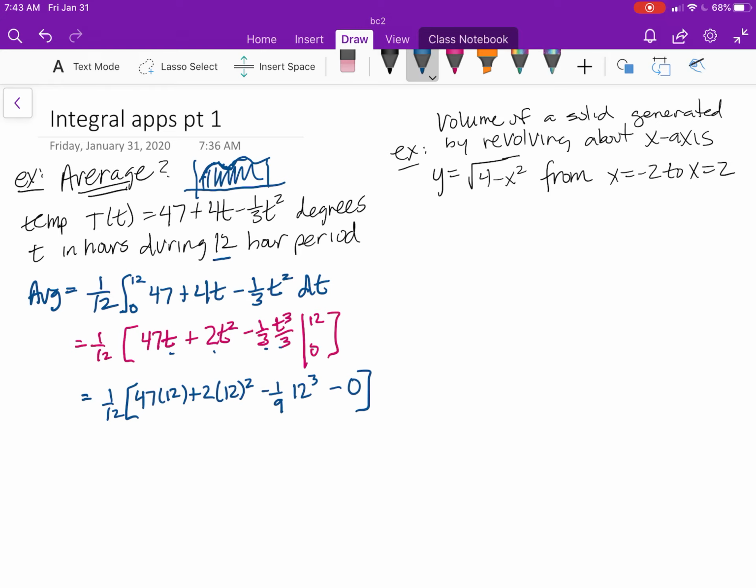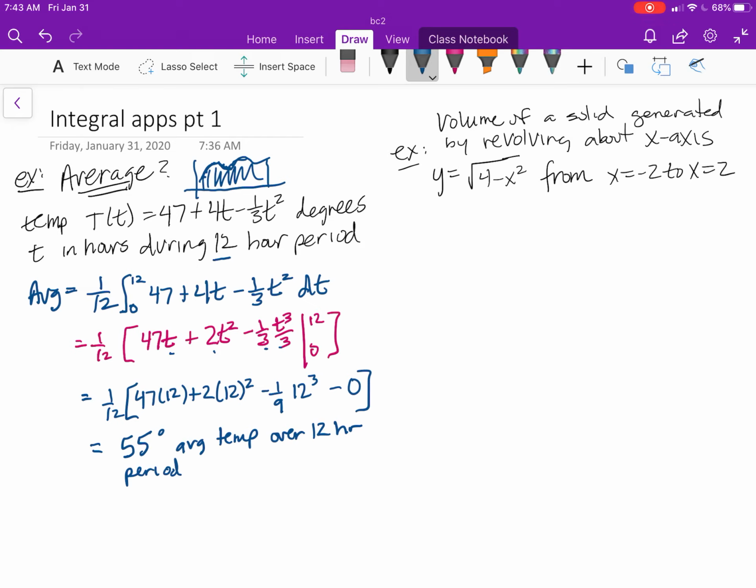Using a calculator off to the side, I saw this calculation would be nasty, so I went ahead and did it. It looks like about 55 degrees is the average temp over this 12-hour period.